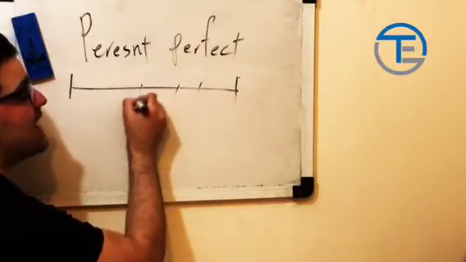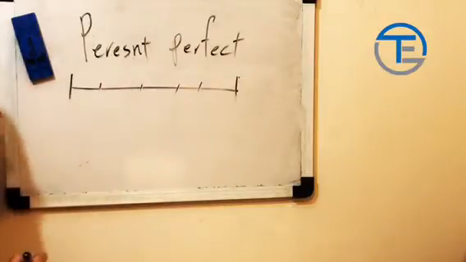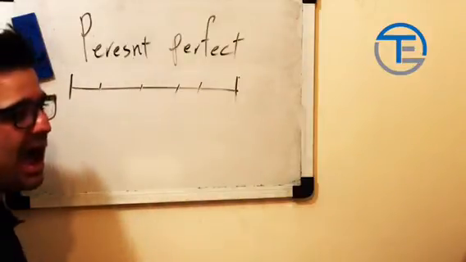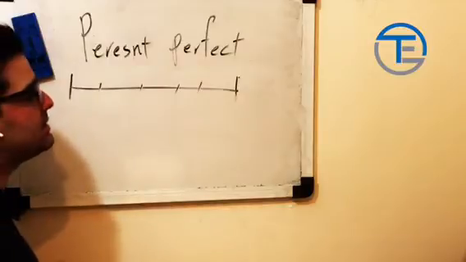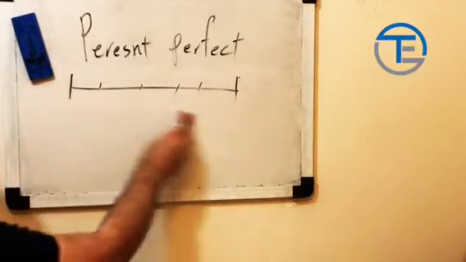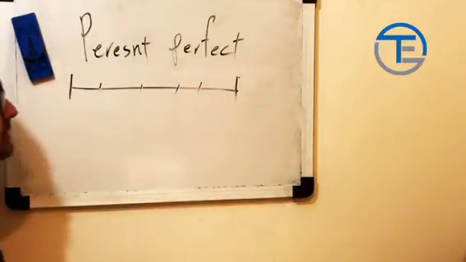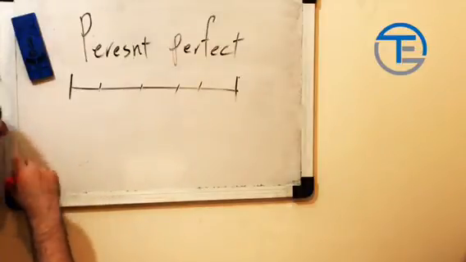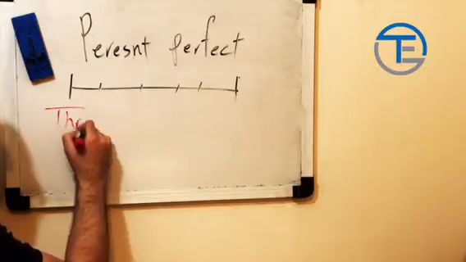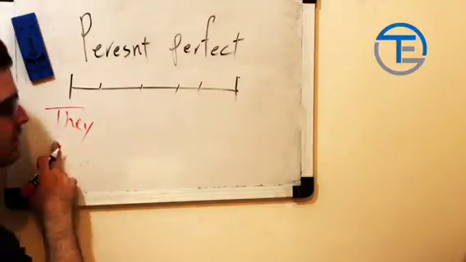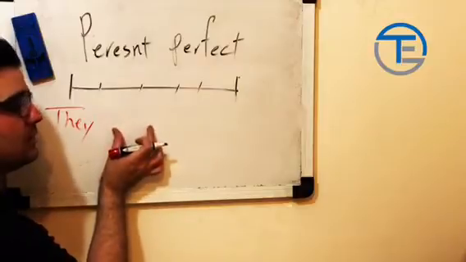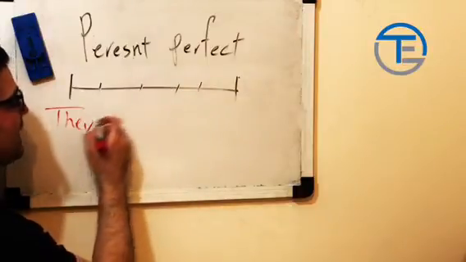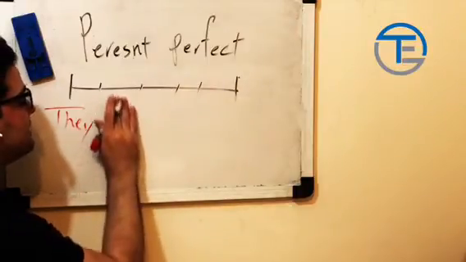A lot of actions happened in the past, and you want to talk about that now. So you have to write in the present perfect tense. So you can write like this: they, any subject pronoun. You have to write the form of present perfect. For they we say have, or you can say they've.